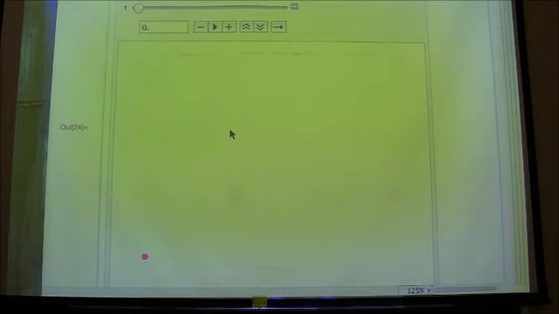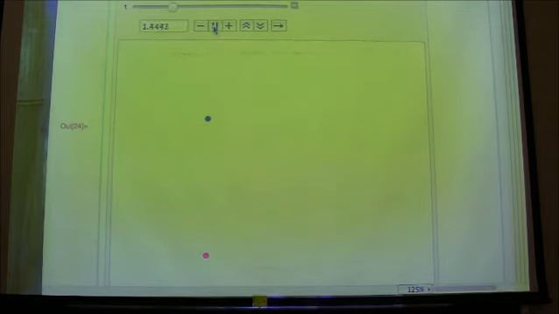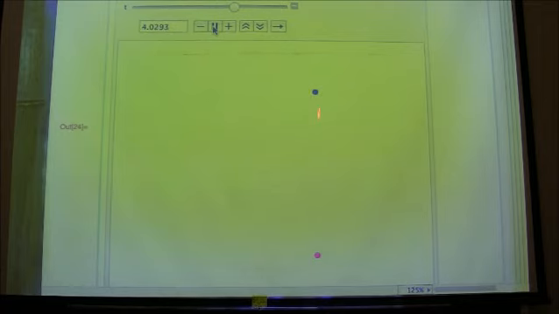So this is just a simulation of the motion of a baseball. I've got this at a speed that we can readily observe. Now the blue dot, which I'm not sure you can see in the color, is the actual trajectory of the baseball. But this red dot here is the shadow, if you like, of the baseball down onto the ground.